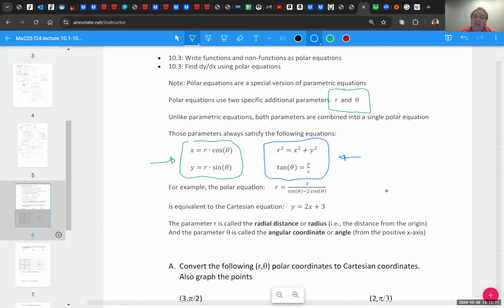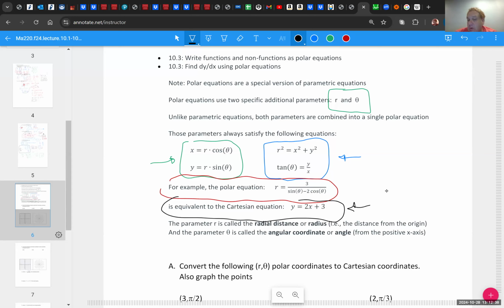Okay, so I've given just a simple example of a polar equation. This has an equivalent Cartesian equation. That's the one right down here. These equations are identical. I'm not going to show you right now exactly why they're identical, but I'm just trying to show you an example of the parameterization, the polarization. We took a nice normal Cartesian equation.